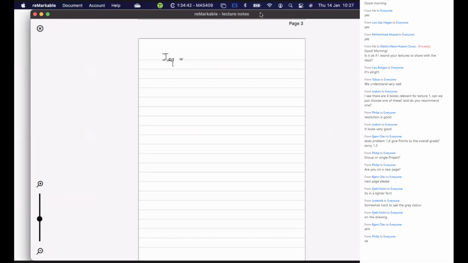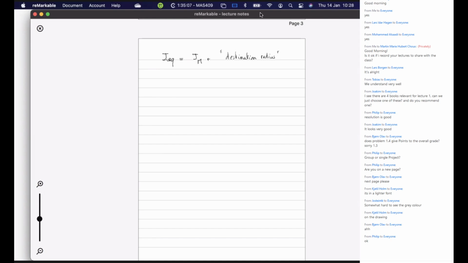So we have JX equal to JM plus the destination radius, which is R1. So we move the load inertia from the load side to the motor side.